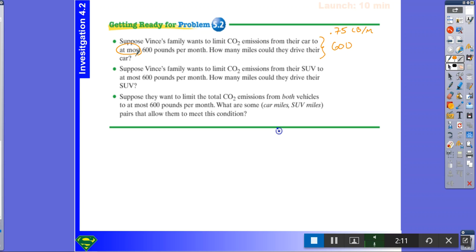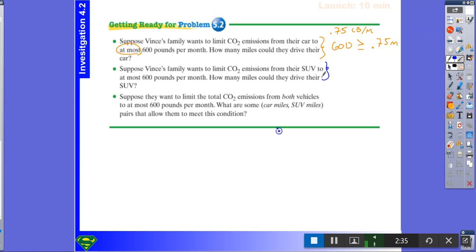So are we allowed to equal 600? The answer is yes, we can, but we don't want to go over 600. So we want 600 to be greater than or equal to 0.75 pounds per mile times the number of miles, which will give us the amount of CO2 that we're going to produce from the car.